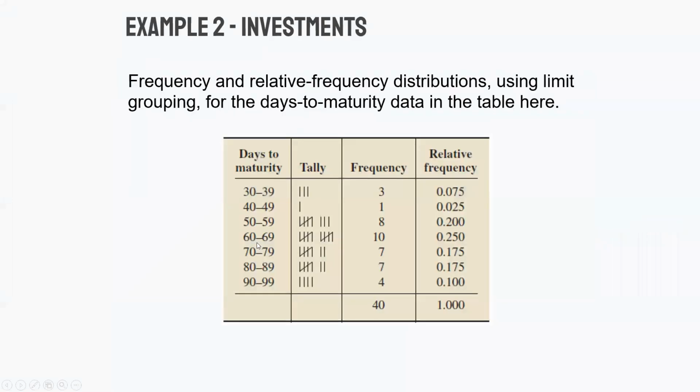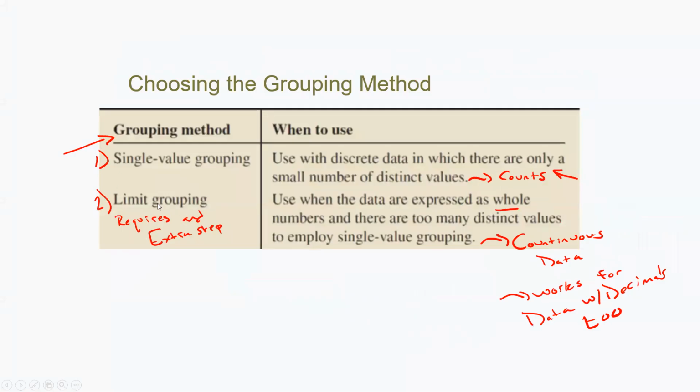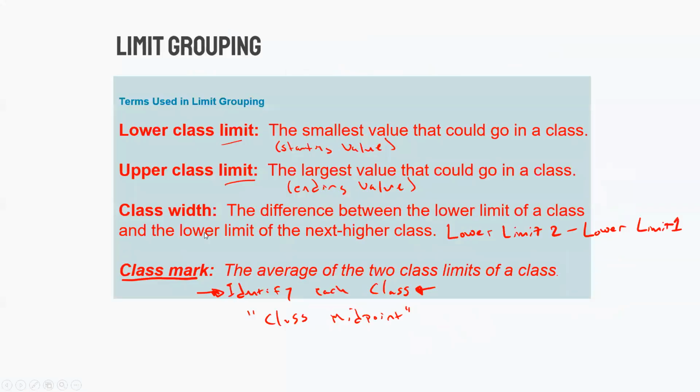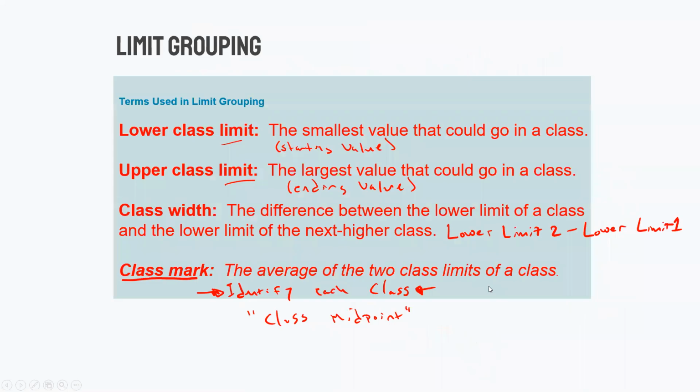Okay, so here is the example of how you would do this class grouping, this limit grouping, excuse me, for this data right here. So we had all these different days. And what I wanted to do is group like numbers together. So I wanted to group all the 30s together, all the 40s together, all the 50s, and so on.